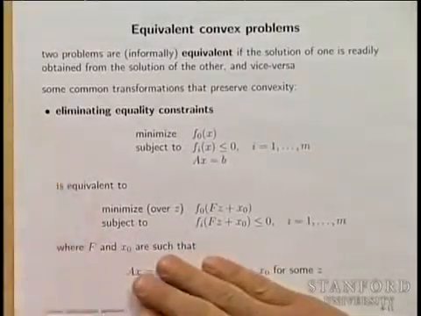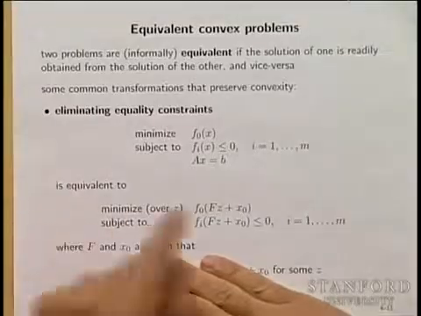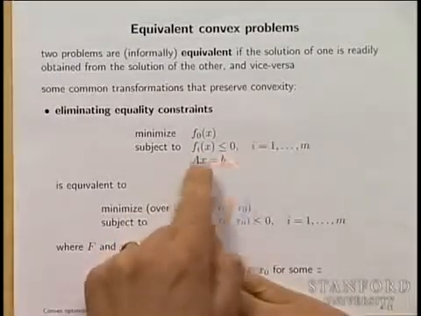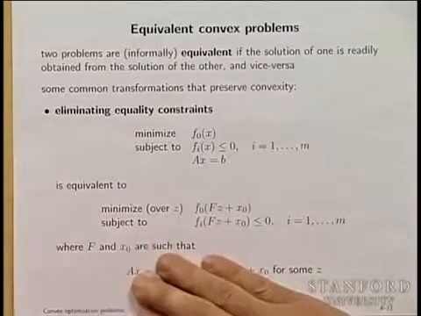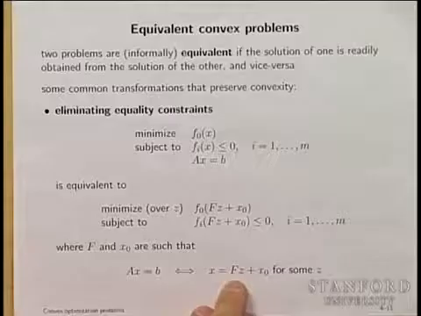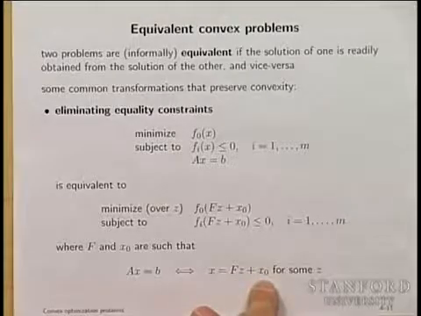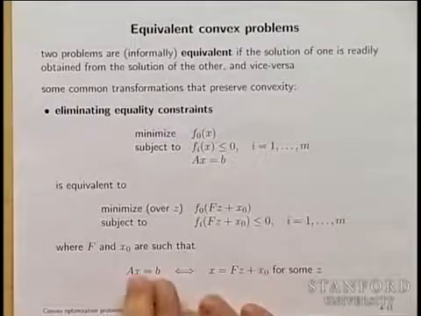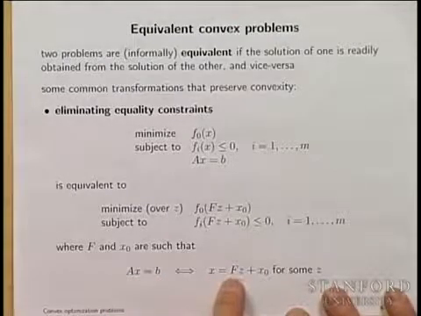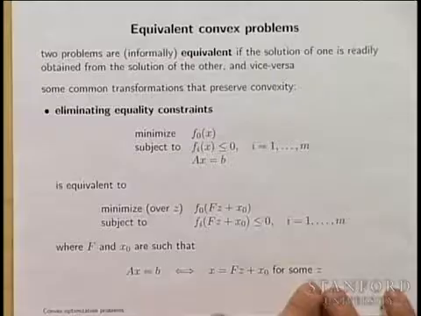Here's one. You could eliminate equality constraints. So I want to minimize f0 of x subject to fi of x less than or equal to 0 and Ax equals b. I could eliminate these. And the way I do that is I find a matrix F and a point x0 so that Ax equals b is equivalent to x having the form Fz plus x0 for some z.